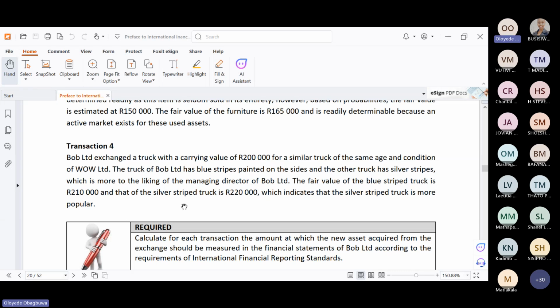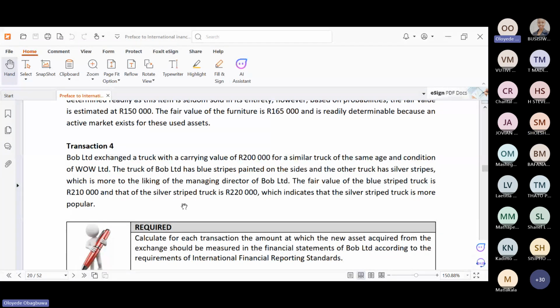Okay. Let me look at this question. Bob Limited exchanged a truck with a carrying value of 200,000 for a similar truck of the same age and the same condition. Who can interpret this statement for me based on the condition we have in the standard? This truck has a carrying value of 200,000 for a similar truck of the same age and condition.